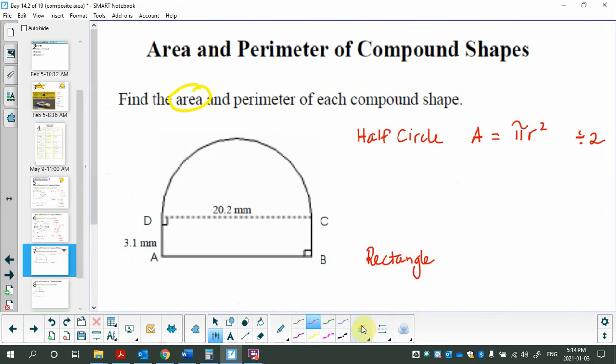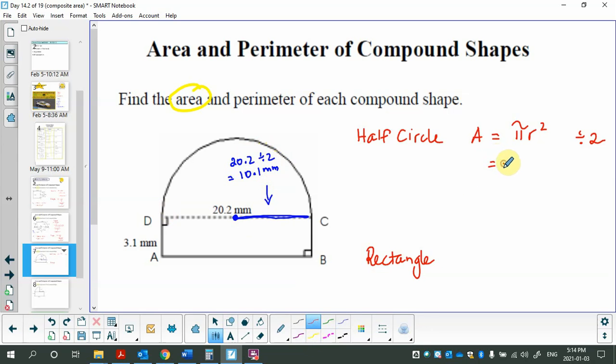And unfortunately, I don't have the r. R is from here to there, or from the center to the other side. So that means to get that measurement, I need to do 20.2 divided by 2, which is 10.1 millimeters.